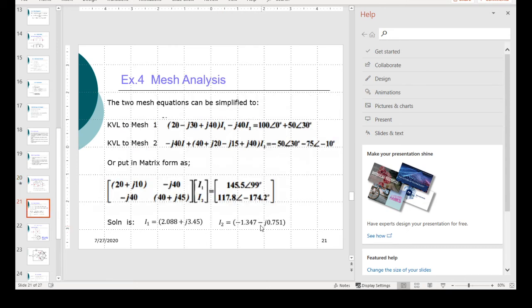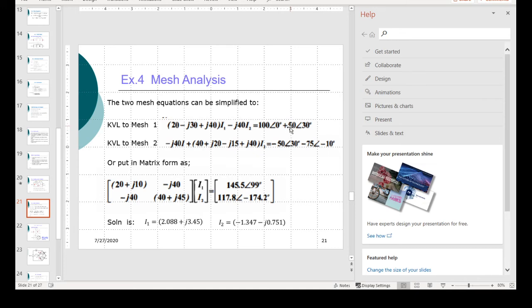The next thing is we simplify them, collect like terms together, so that we have got our nice two equations in terms of I1 and I2. These two equations can be simplified by substitution and elimination, by which I mean you use one of these two equations to express I1 or I2 in terms of the other, then take that expression and plug it into the first equation so that you eliminate one of the two variables.